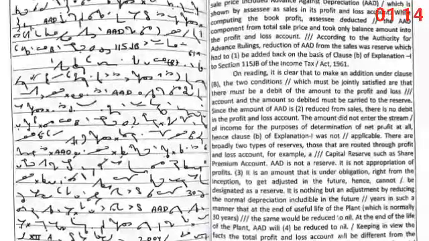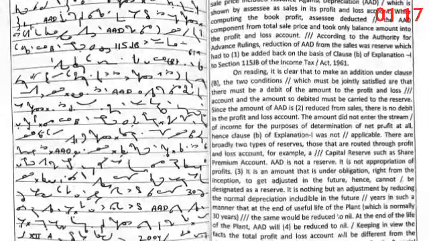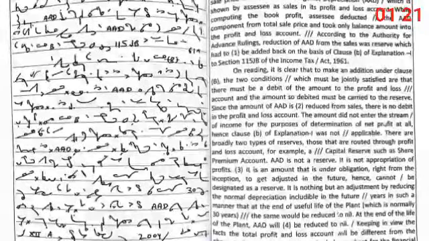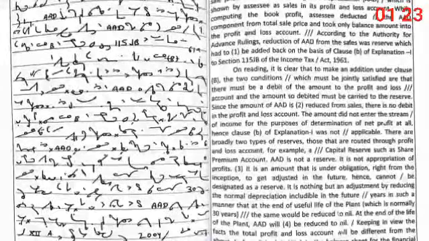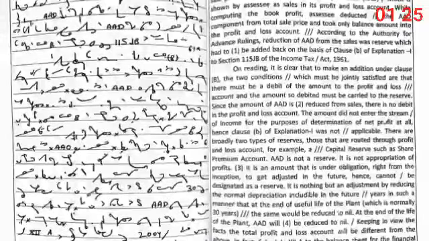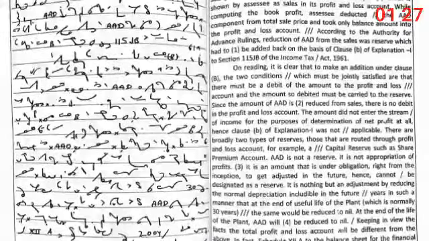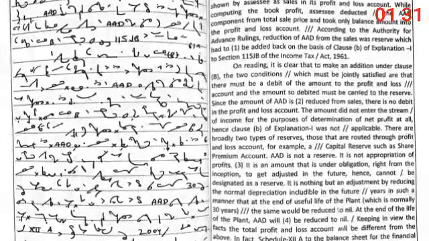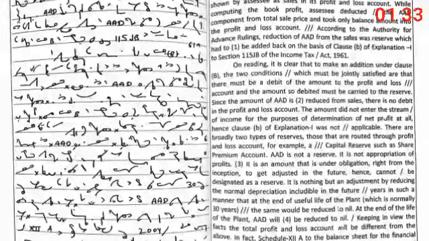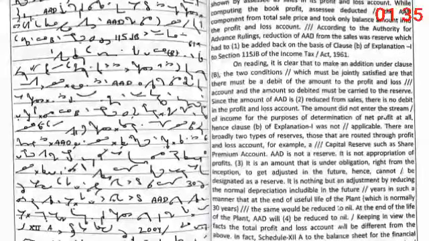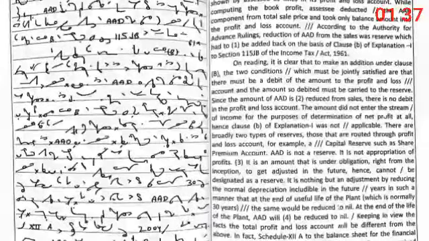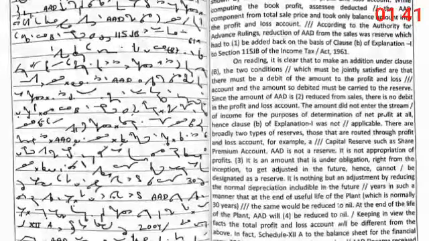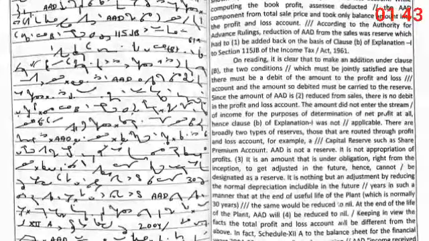On reading, it is clear that to make an addition under clause B, two conditions must be jointly satisfied: there must be a debit of the amount to the profit and loss account, and the amount so debited must be carried to the reserve.